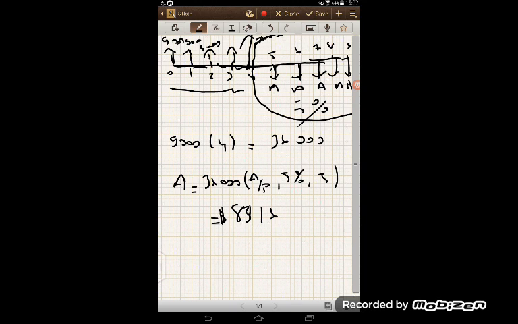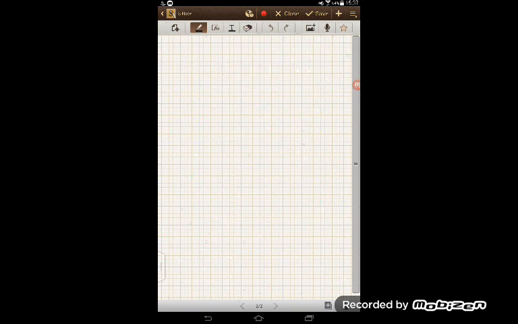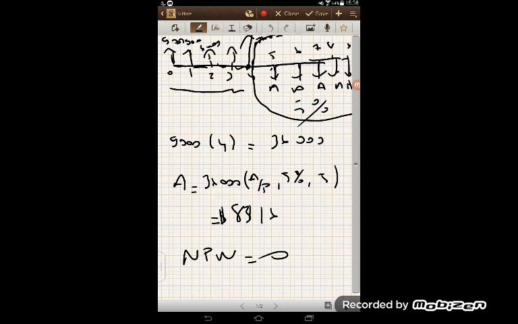Then we are going to find the rate of return. We know that the net present worth has to equal 0 in order to find the rate of return.